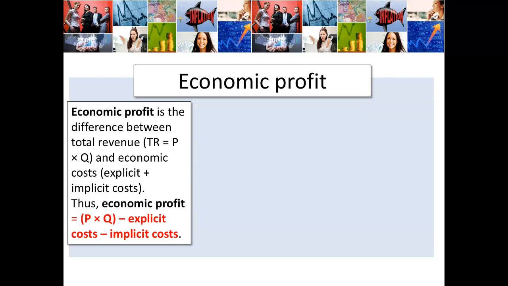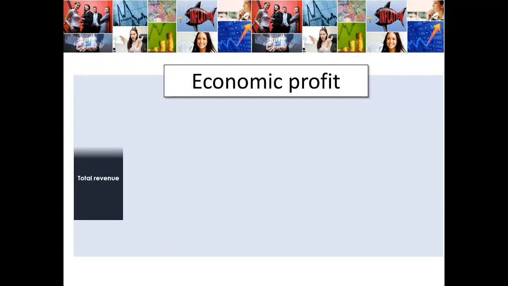Okay, so we have looked at economic profit before, and I just want to revisit it briefly. Economic profit, in terms of the firm's revenues, which we're looking at now: total revenue, which we know is price times quantity, less explicit costs, less implicit costs, will give the firm's economic profit. And we're just now going to briefly label the types of economic profit that are out there.